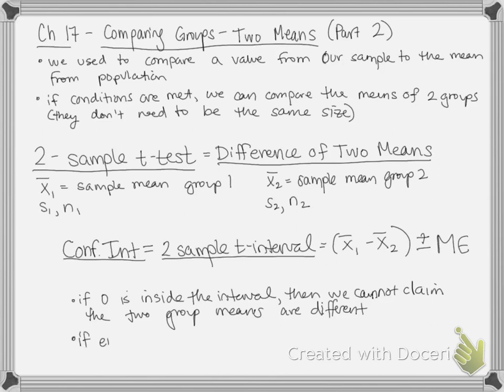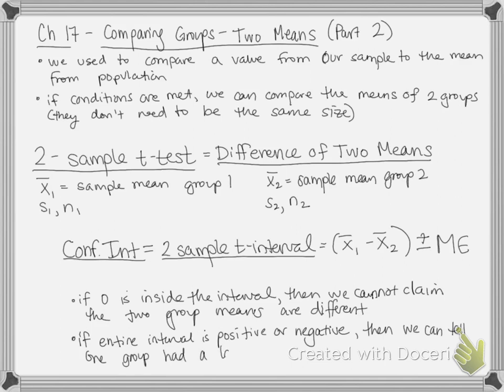But if the entire interval is positive or negative, so the lower bound and upper bound are both positive, or both negative, then we can tell one group had a larger sample statistic.